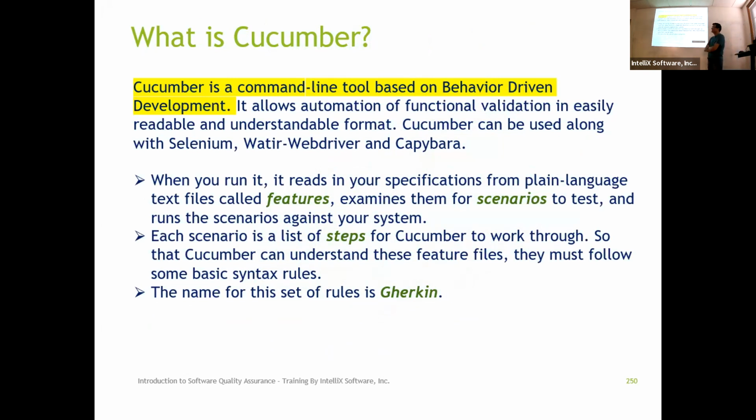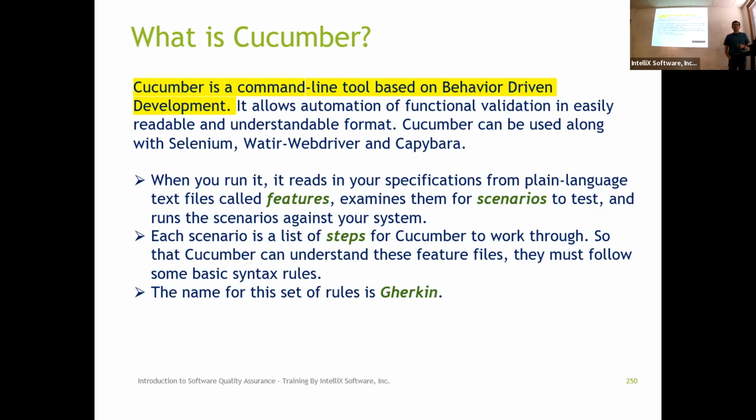Cucumber is a command line tool. So you have to install it on your machine, and then you run it on the command line. Command line meaning if you do CMD, it's a DOS prompt. But the important part is it allows the automation of functional validation in an easily readable and understandable format.